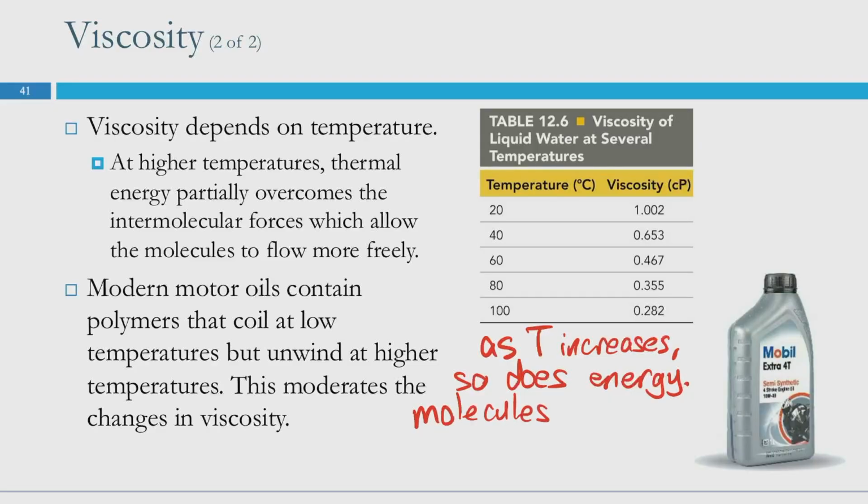As temperature increases, so does energy. Molecules can move past each other more easily.